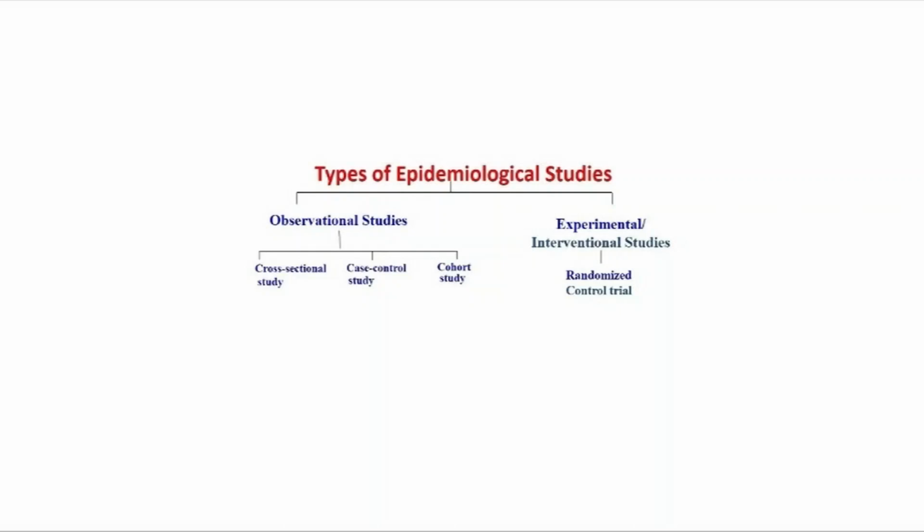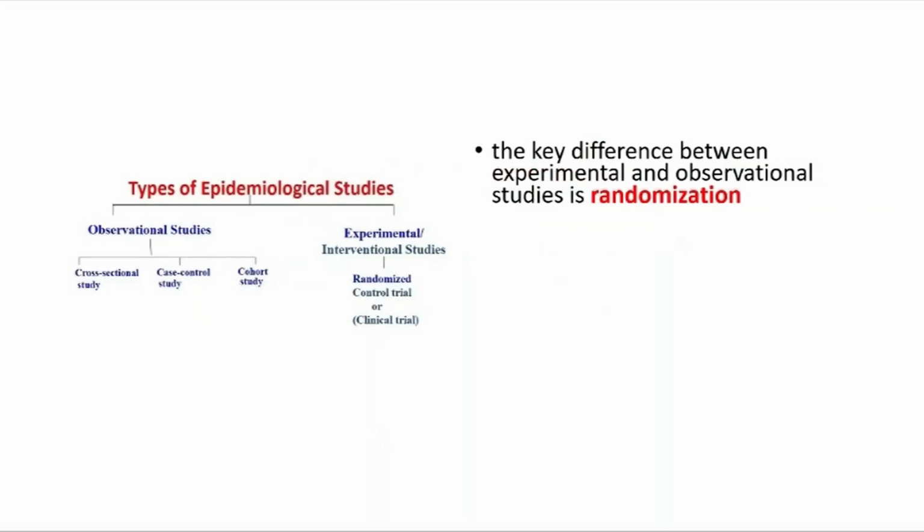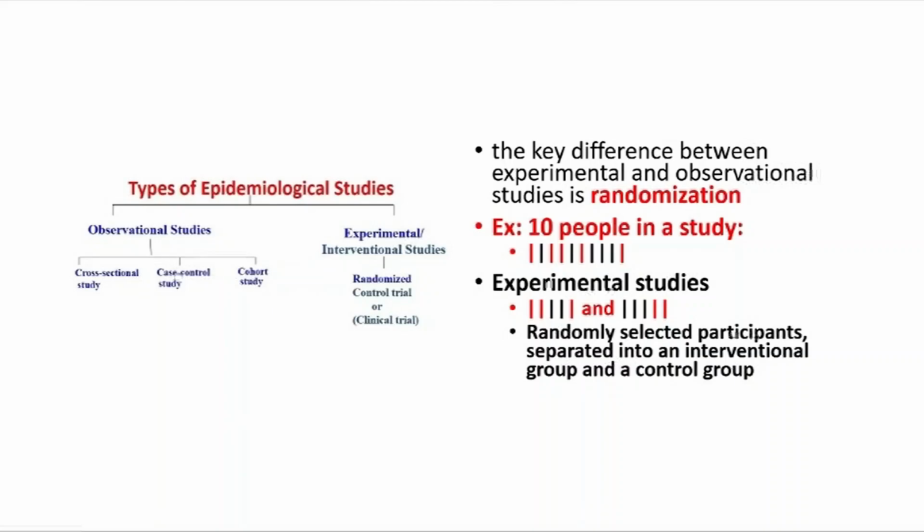What is the difference between observational and experimental studies? And the answer lies in randomization. Now, when you have 10 people in a study, say 5 females and 5 males, in an experimental study, the way of selecting participants is more random, where let's say in one group you want 3 males and 2 females, while in the other you want 3 females and 2 males.